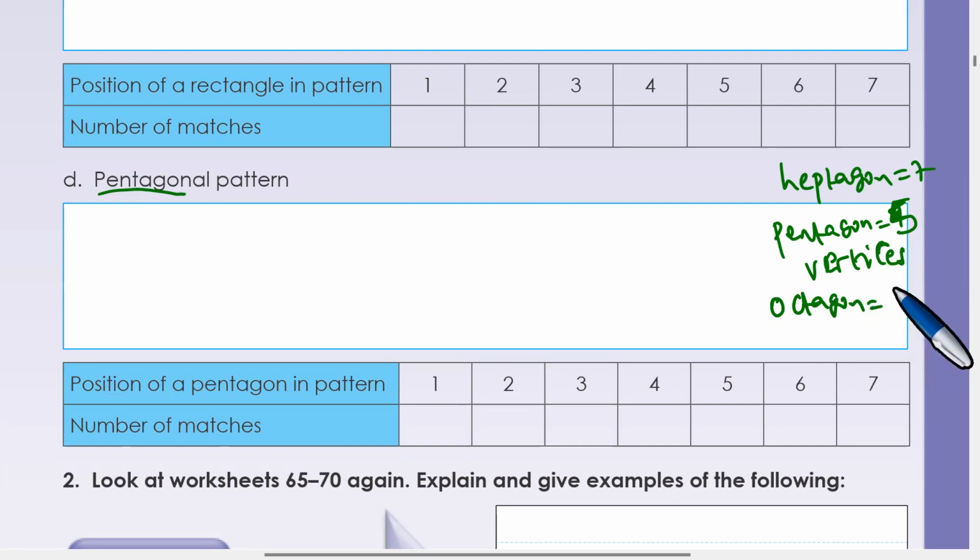It has 8 vertices. What is a nonagon? And a decagon is 10. Okay, now let's look at the pentagon.